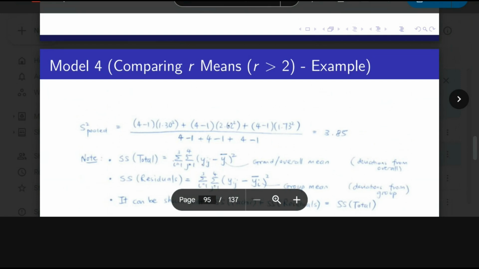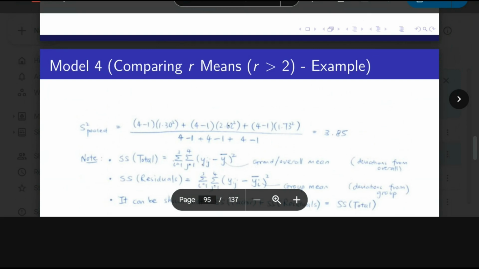This is the deviation from an overall grand mean. This SS total is a variability estimate. It shows you how variable the chickens are from each other, but from some kind of benchmark that belongs to everybody. So SS total does not respect the different feed types that you've given the chickens.